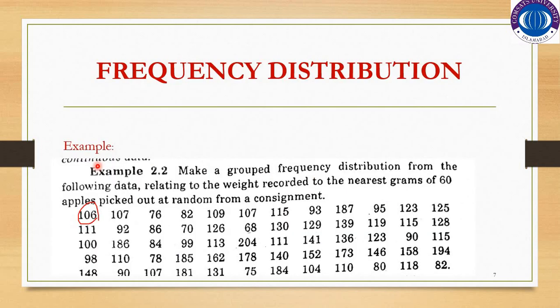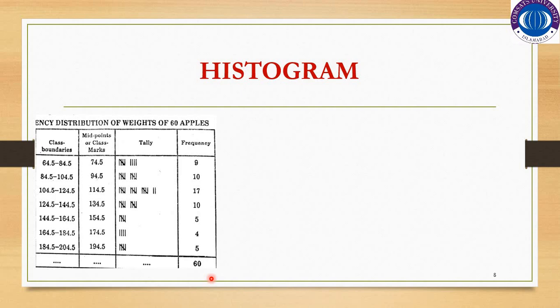Now, we have discussed in the previous part an example in which there was a consignment from which we took 60 apples whose weights were recorded, and these were the weights. We constructed the frequency distribution for this particular data. So now we will make the histogram for this data.